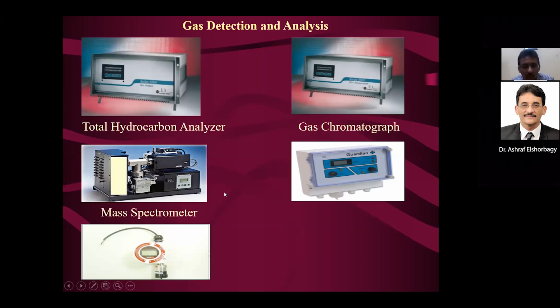Another, more advanced device is called a mass spectrometer. It gives me about 40 components. We also have some equipment for measuring CO2, a carbon dioxide detector. And also we have H2S, which measures H2S gases by using sensors.